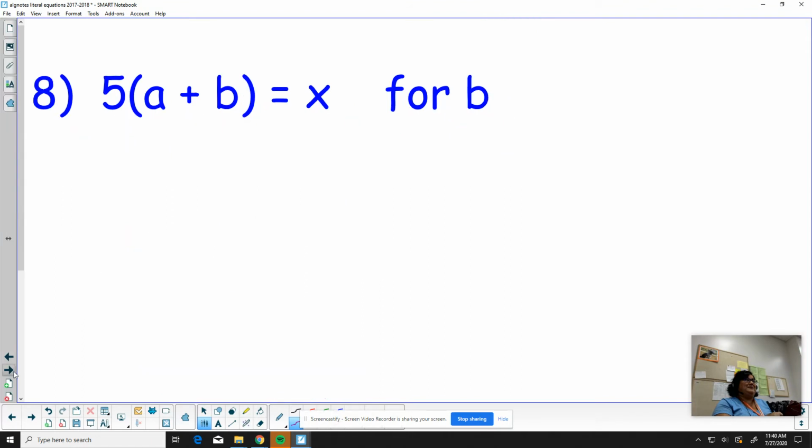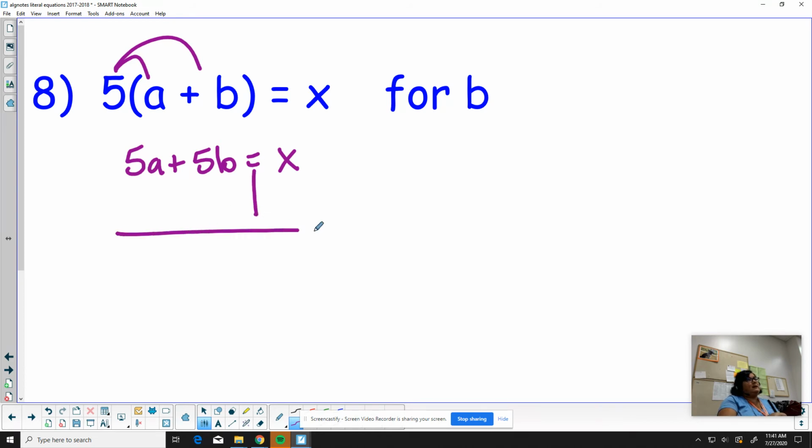Good job. Okay, let's try this one. So we're going to solve for b. As I look at this one, it's got a parenthesis, and my instinct is to go ahead and distribute, but I think distributing might make that harder. Maybe not. Let's try to distribute. So if we do 5 times a and 5 times b, that would be 5a plus 5b equals x.